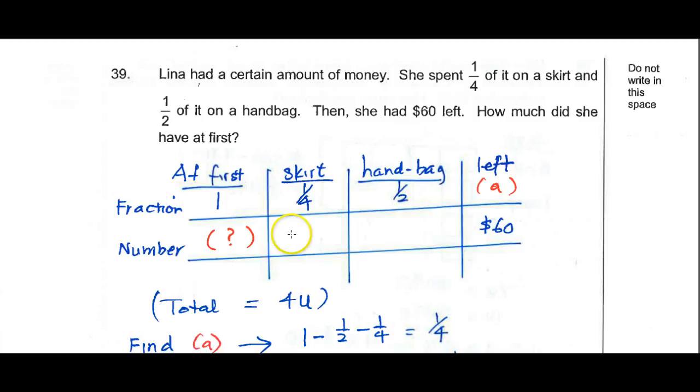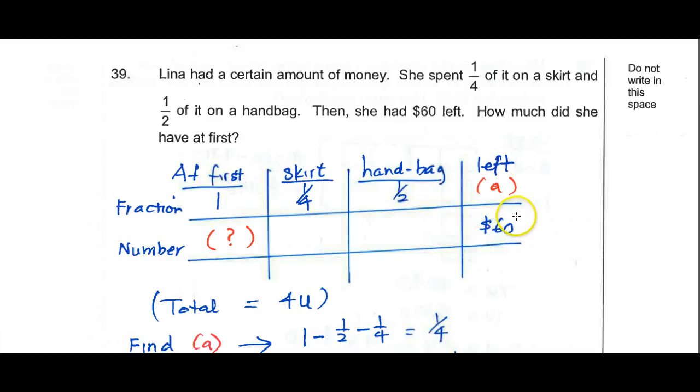How much on skirt exactly, we do not know, because there's no corresponding price over here from the fraction. Same for the handbag, half on handbag. So same here, we do not know how much she spent on the handbag. But we know that she has $60 left.